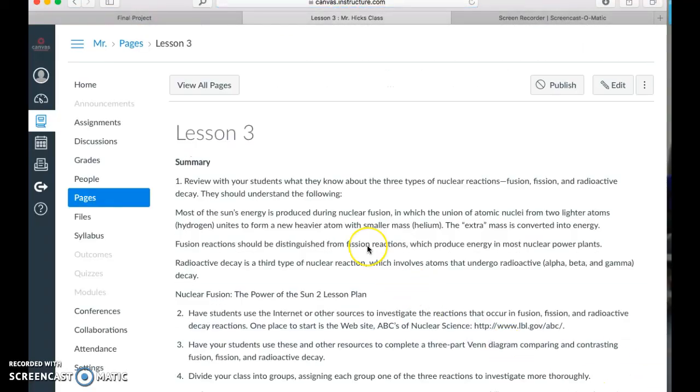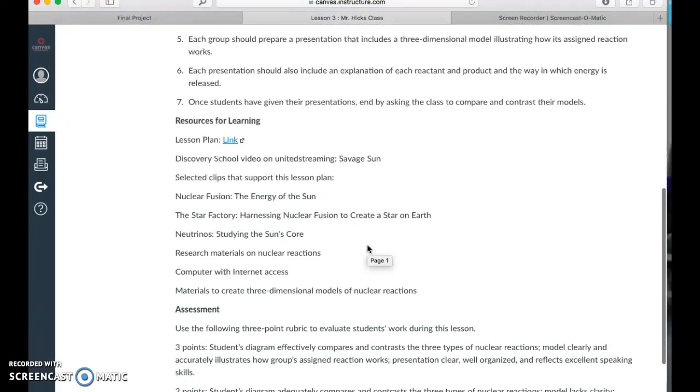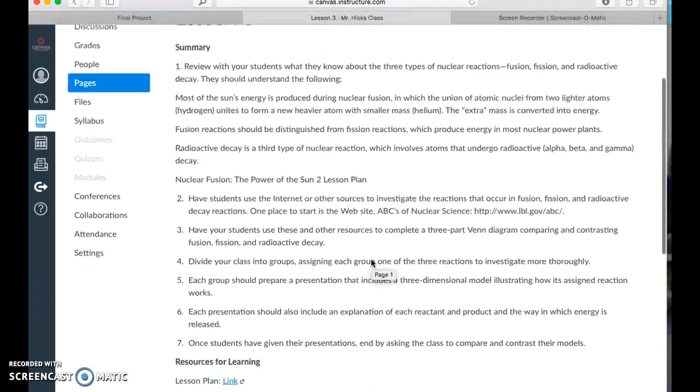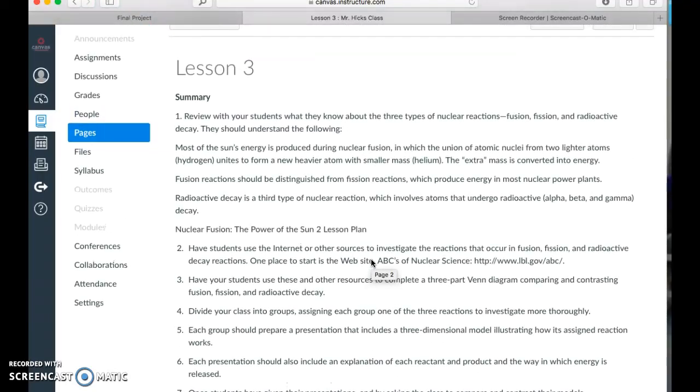For the third lesson of this unit, or for this standard, the students were using digital resources for instruction and also a hands-on activity. And for this lesson, the students were first reviewing over what was covered in the previous lesson, and then they were working with the sun's energy and how it produces nuclear fusion.